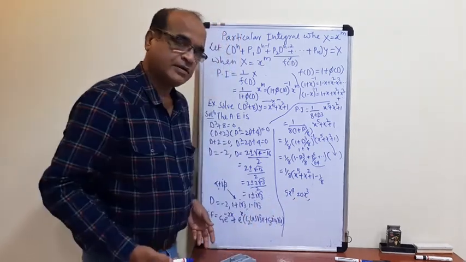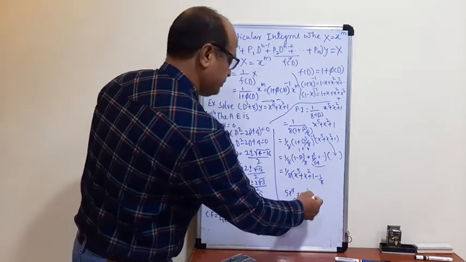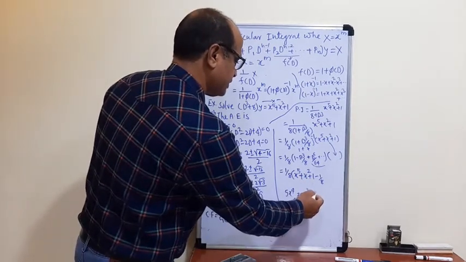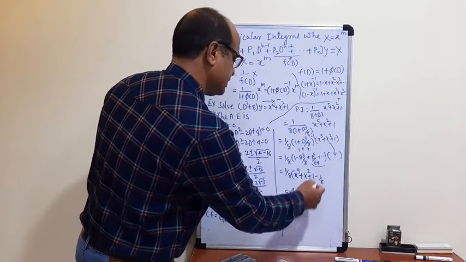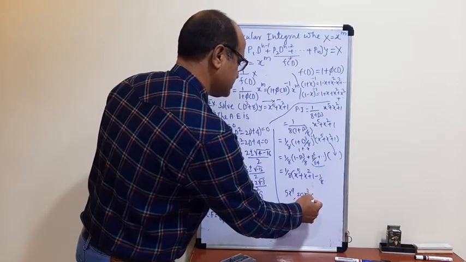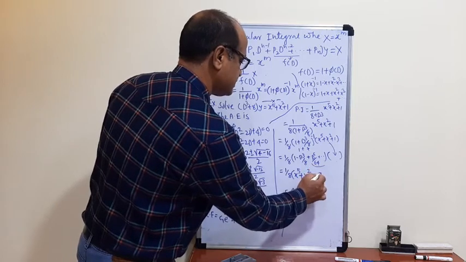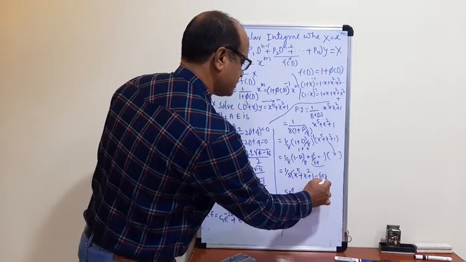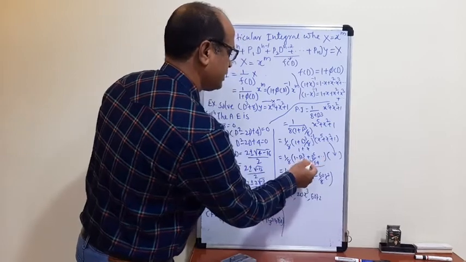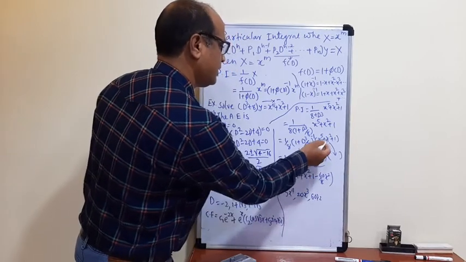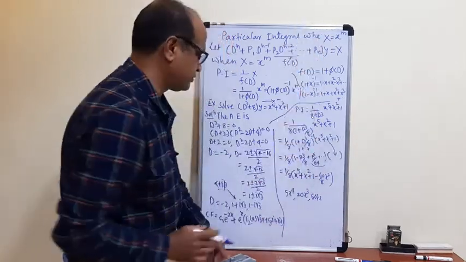And then the third derivative of this is 60 x square. And D cube of the rest is 0.